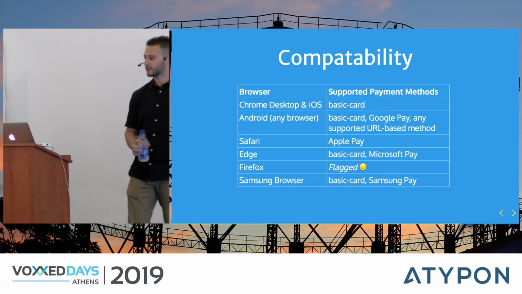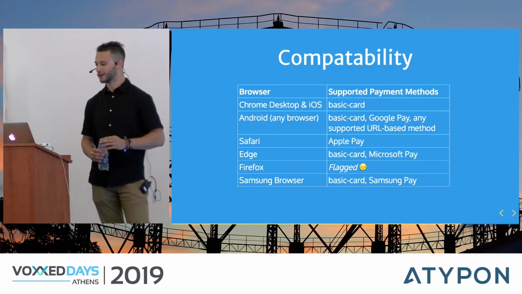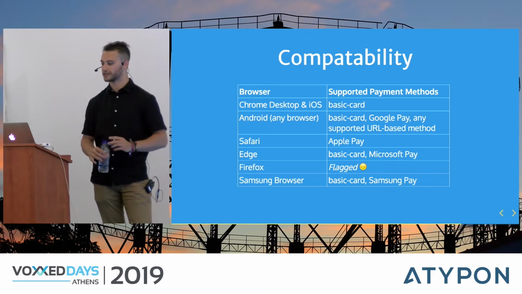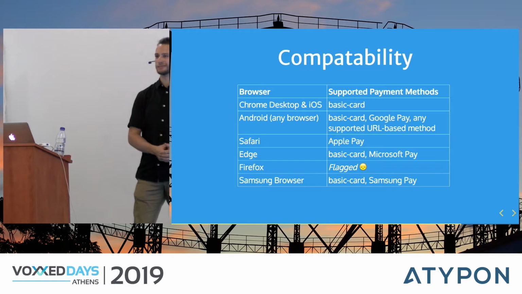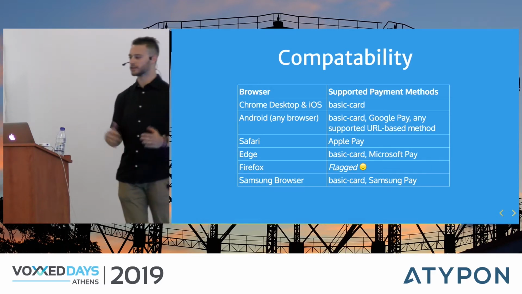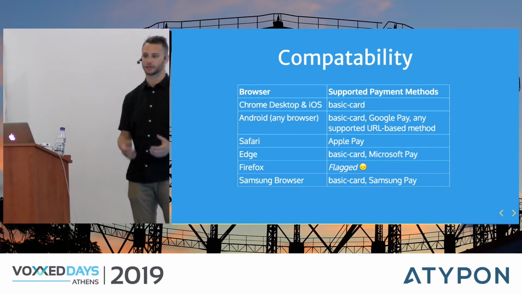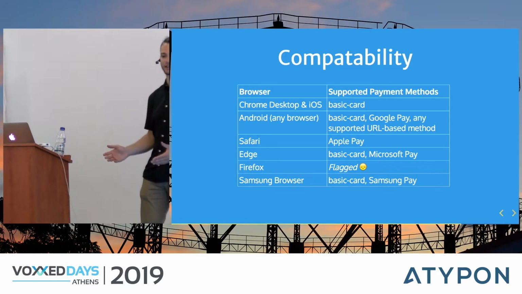The other interesting thing here, of course, is that Apple is the only browser that does not support basic card at this point. So I guess maybe that's Apple being a bit more cautious, since basic card is a method of exposing raw credit card data to the website.